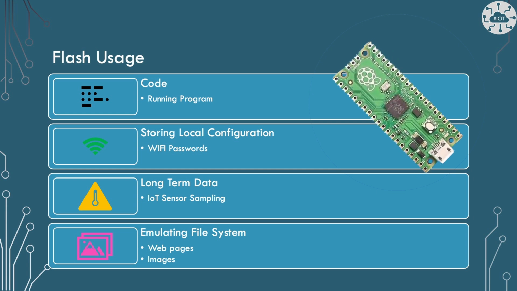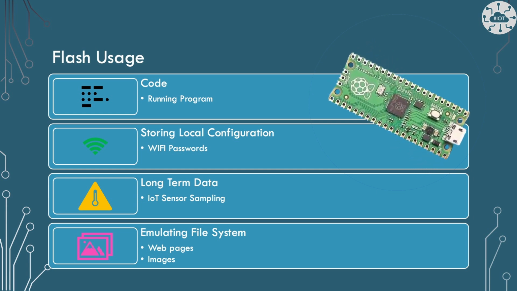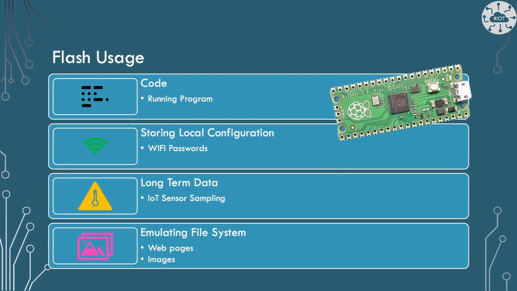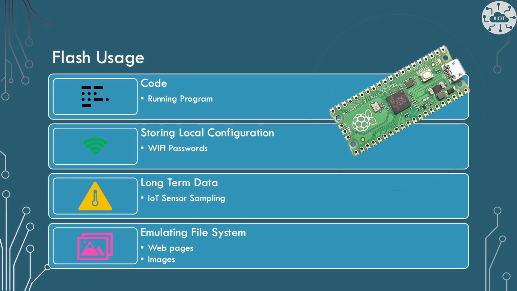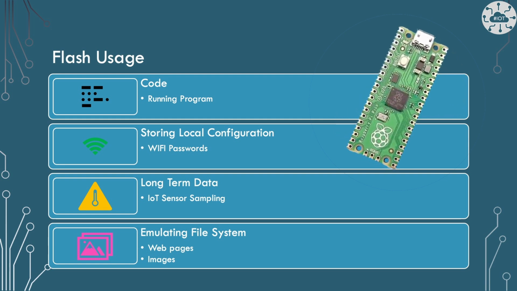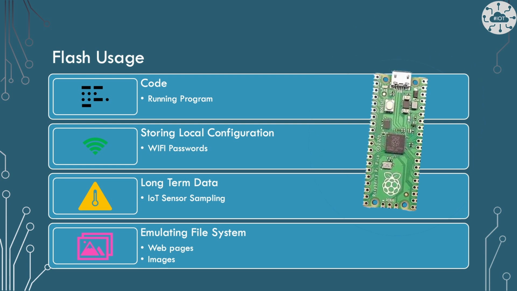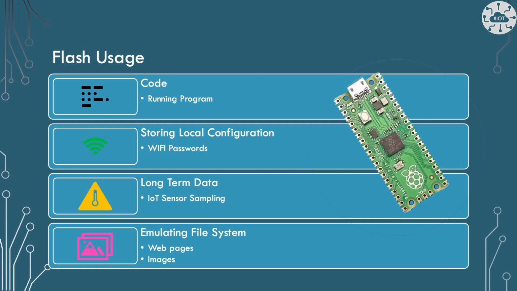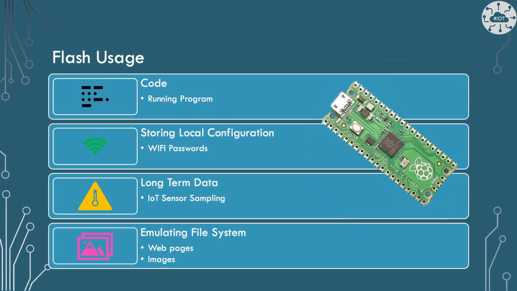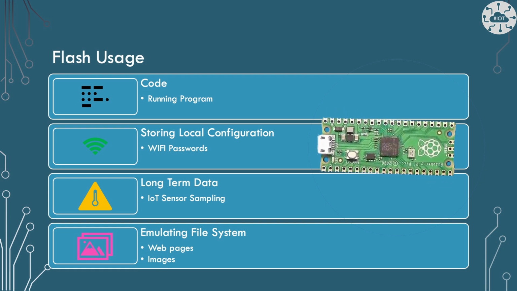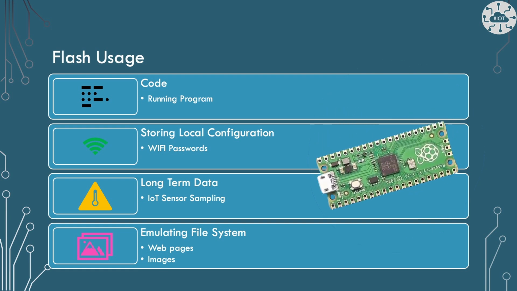So how would I want to use Flash? Well, we use Flash all the time, to be honest, on the Pico because it's where our code is stored. So every time we put our code onto the Pico, well, we flash it strangely, and we write it to the flash memory. I also want to use it though for things like storing local configurations, so Wi-Fi access point names and passwords, perhaps SSL certificates.